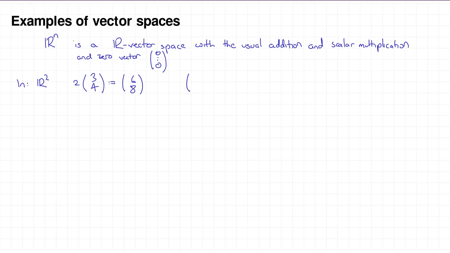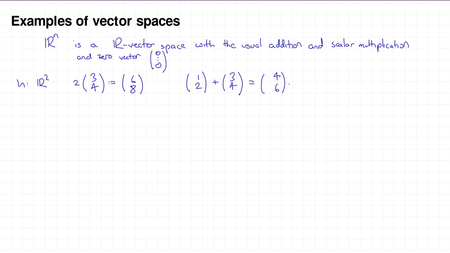And the usual vector addition just means what you think it is. (1, 2) plus (3, 4) is defined to be the vector that you get by adding the coordinates one at a time. So 1 plus 3 at the top, 2 plus 4 at the bottom. This is what we mean by the usual addition and the usual scalar multiplication.